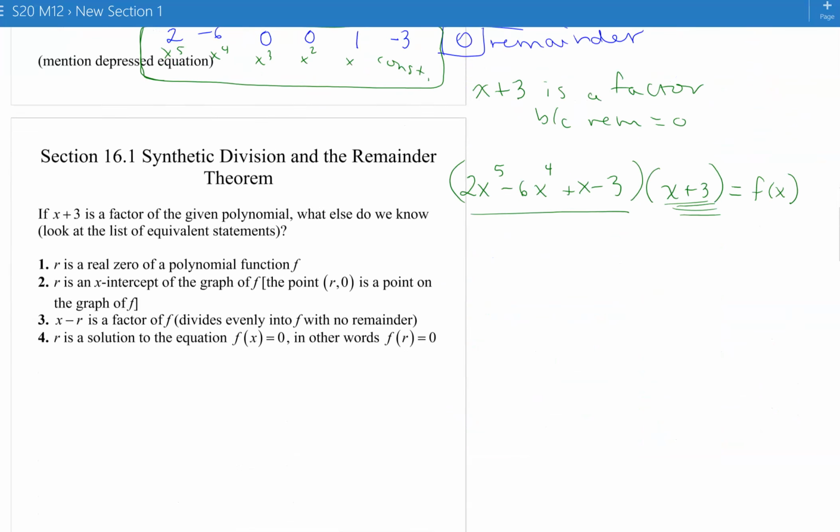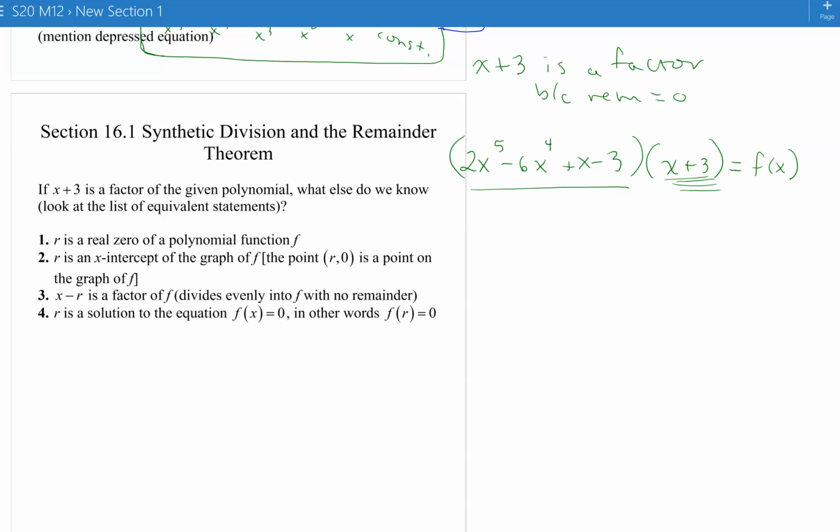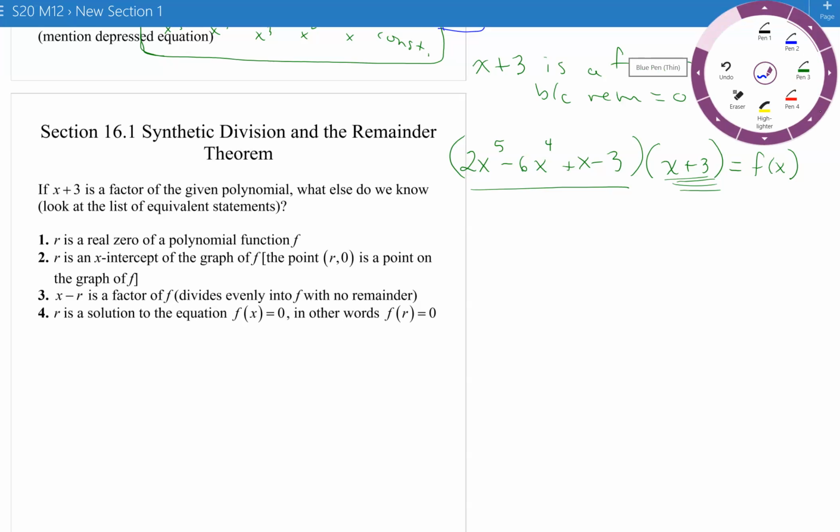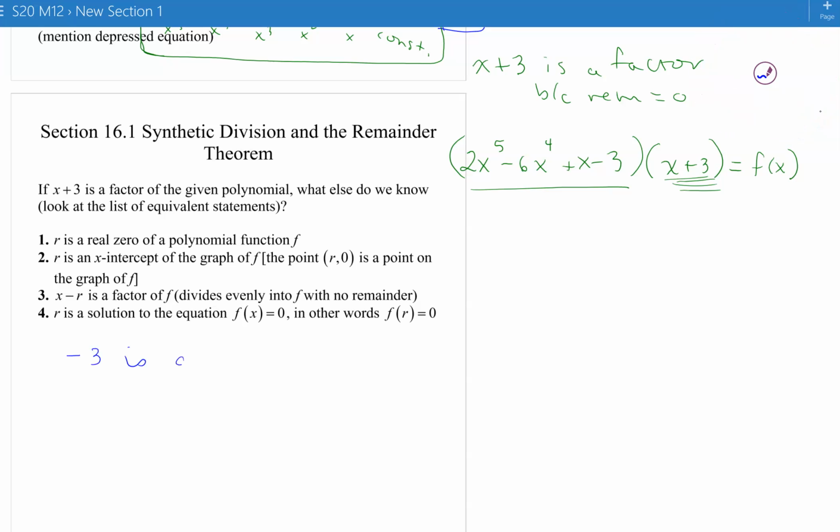So if x plus 3 is a factor of that polynomial, let's just make sure we're clear on what else that means we know. So we know that -3 is a 0 of that polynomial. We know that -3, 0 is an x-intercept of its graph.